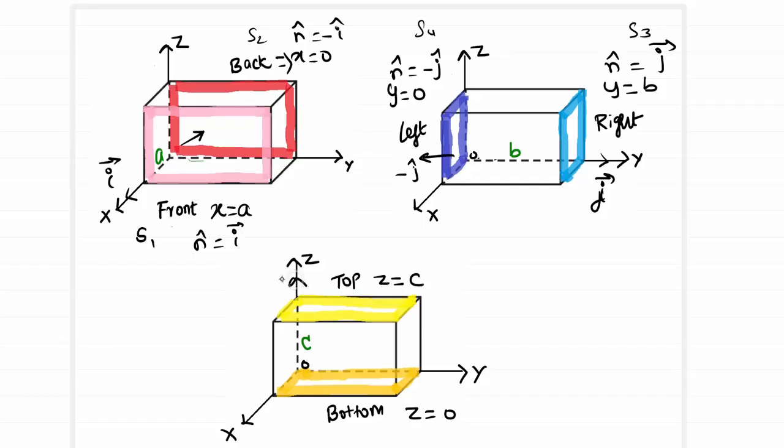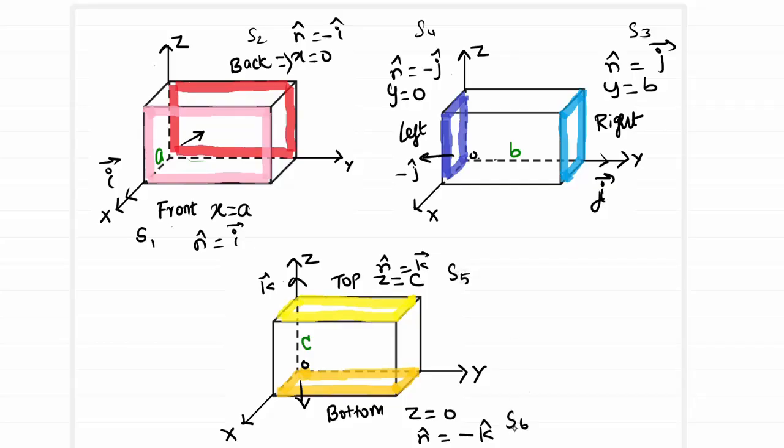What is the unit vector in the direction of z? It is k cap, so my n vector is equal to k cap. Now coming to my bottom plane, what will be the unit outward drawn normal in the bottom direction? My n cap will be equal to minus k cap. So now this completes my surface 5 and my surface 6.